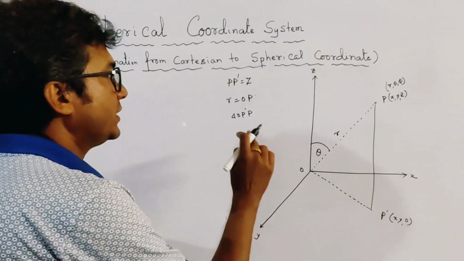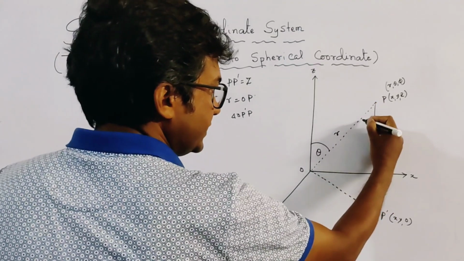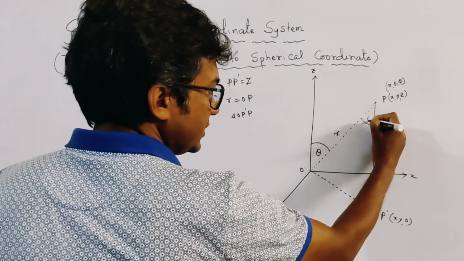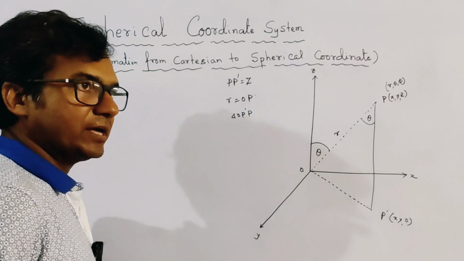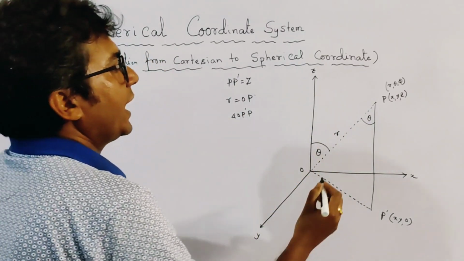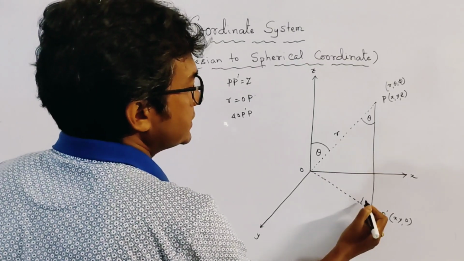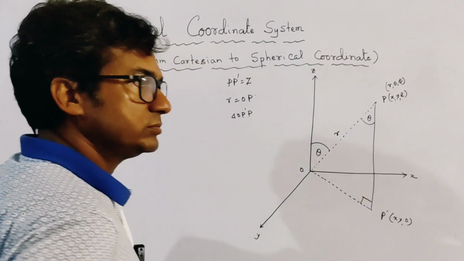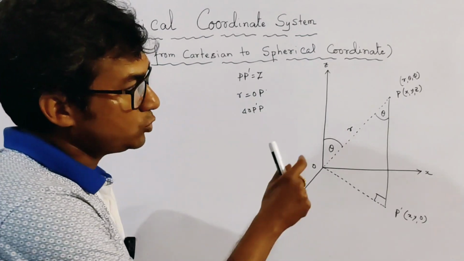For this right angle triangle OP dash P, this angle is theta, an alternate angle, and this is pi by 2. Here we draw a picture of 3-dimensional space in 2 dimensions.